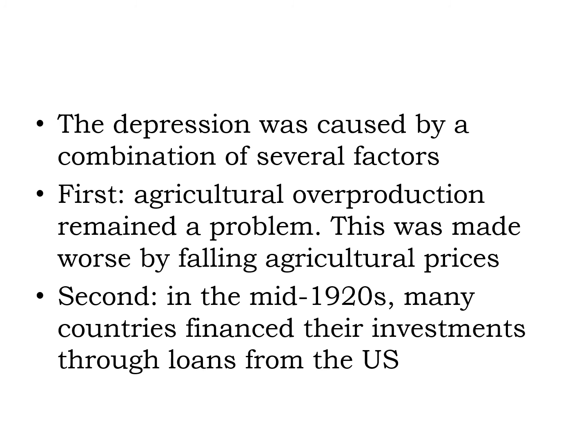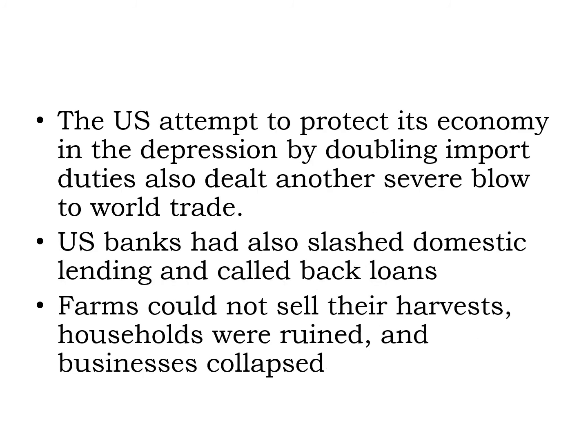The first one was agricultural overproduction. It was a problem. And then in the mid 1920s, many countries got money for their investment as loans from the US. The US economy wanted to protect itself from the Great Depression.